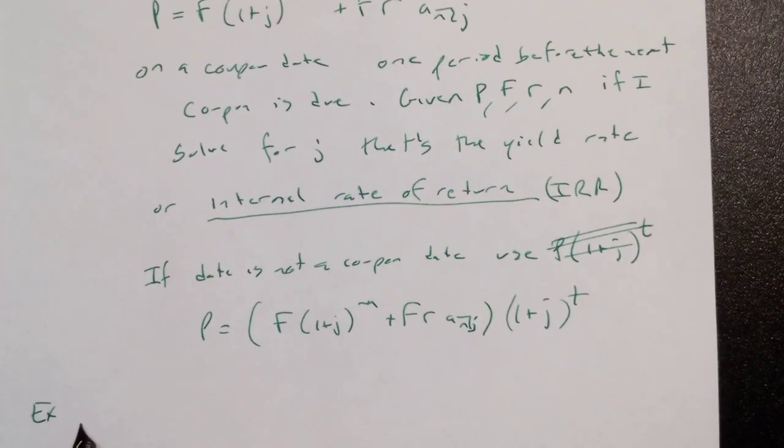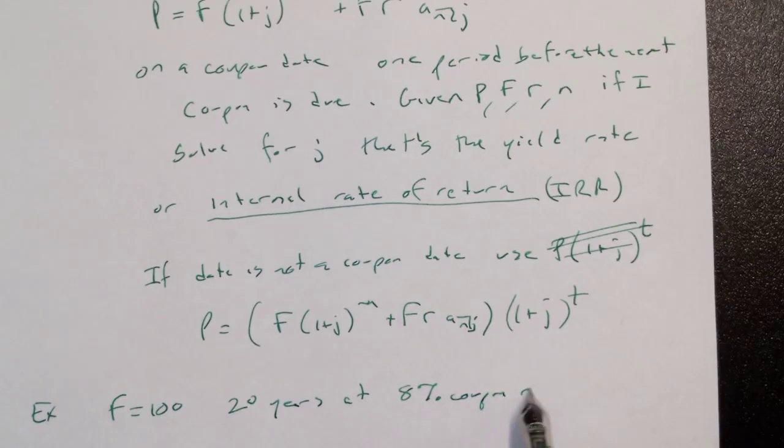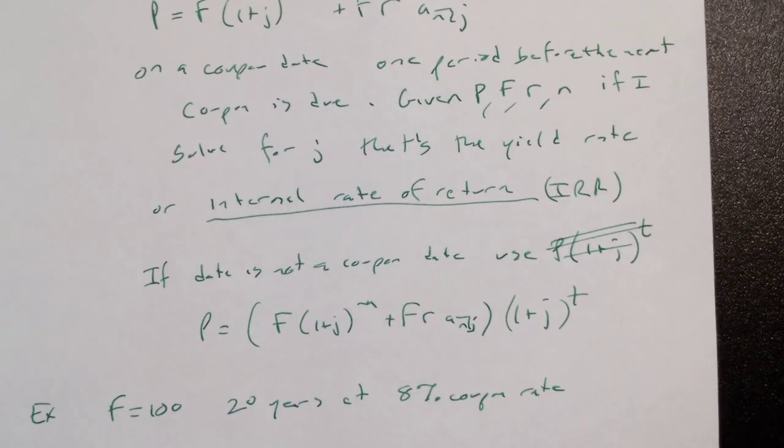Example. A bond with a face value of 100, we'll deal with small numbers for the moment, 20 years at 8% coupons. 6-month period, standard US bond. What's the yield?